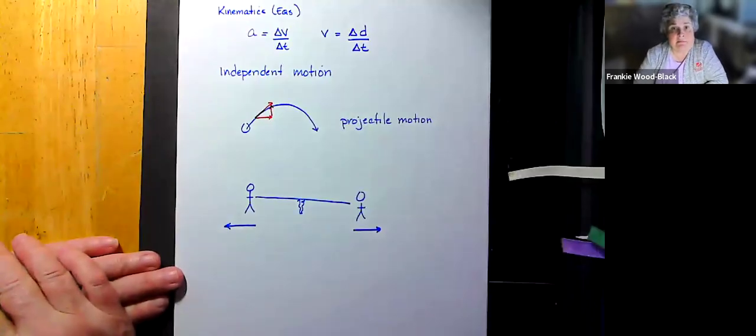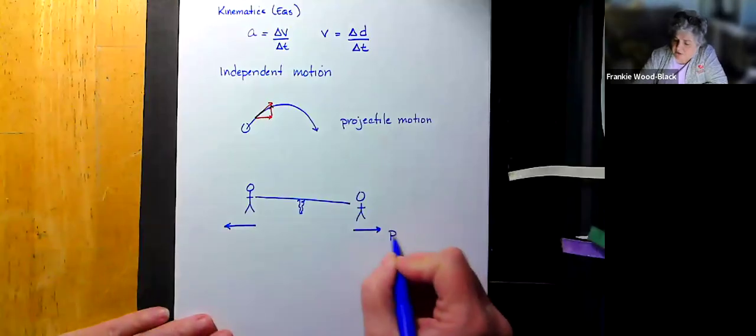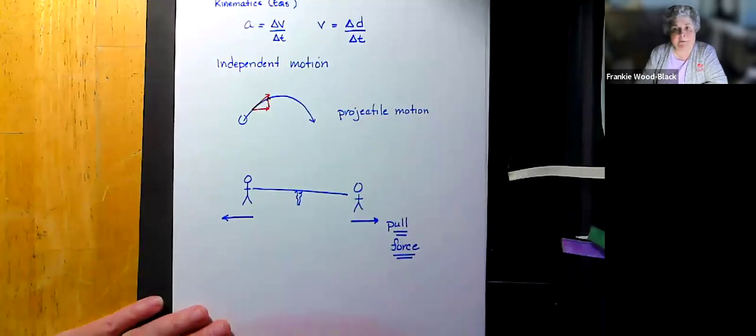Nothing will happen because they're canceling each other out. And this is our pull. And so we can think of this pull as a force. And we can look at that if I'm pulling on something, it's a force.